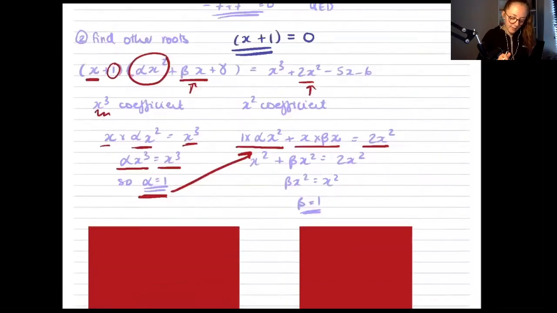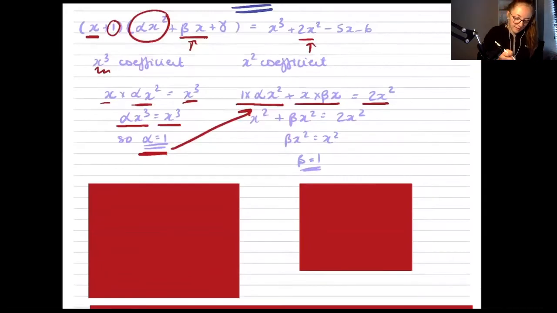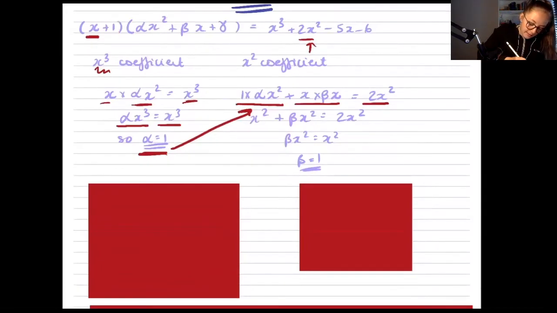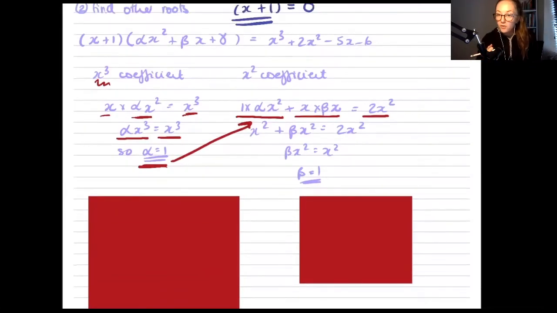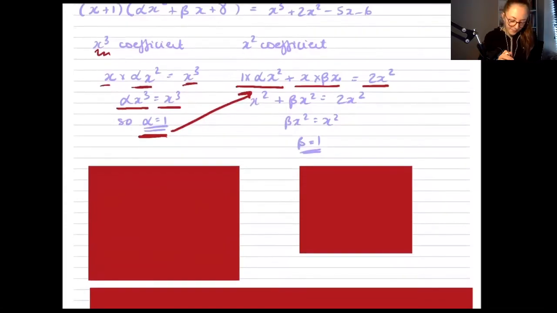Then we have a choice for this last one. We can either look at the coefficients of x by itself or x to the power of 0. Looking at the coefficients of x to the power of 0 is the easiest option, but I will show you both because it's useful to use one as a check for the other to make sure you've got the correct answer.